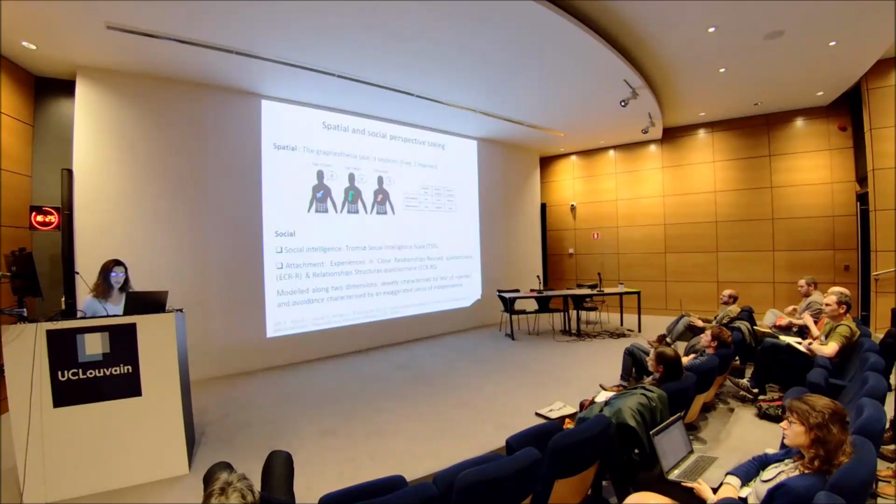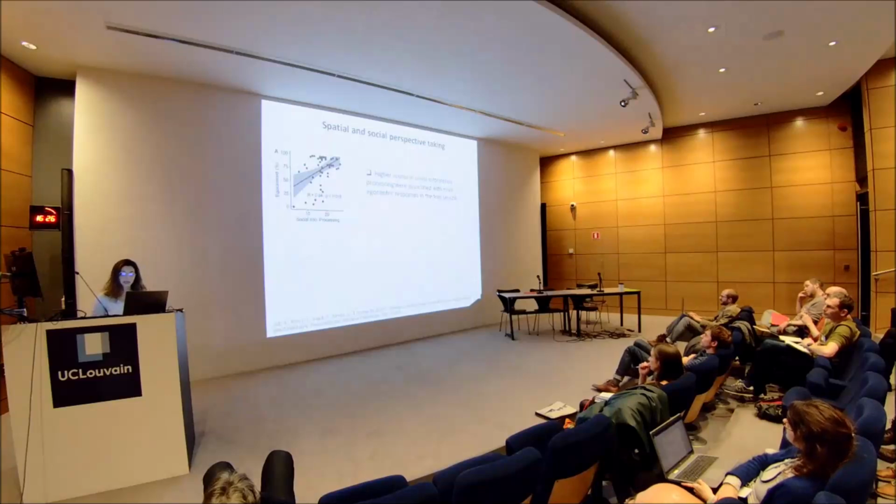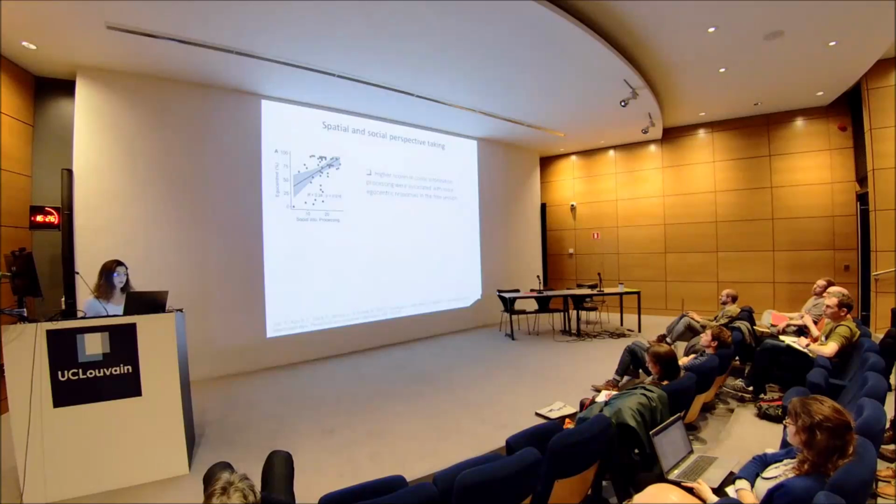This scale models attachment along 2 dimensions: attachment anxiety, characterized by a fear of interpersonal rejection and abandonment, and avoidance, characterized by an exaggerated sense of independence and emotional distancing from others. So regarding social intelligence, higher scores in social information processing were associated with more egocentric responses in the free session.